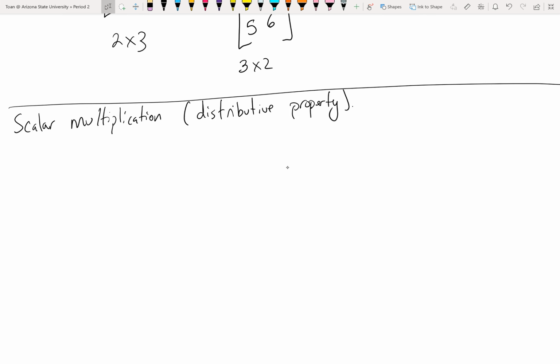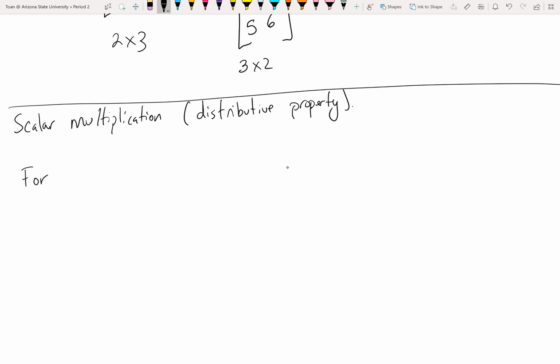The reason why they call it scalar multiplication is because the distributive property is multiplication. And then what you're doing is you're scaling the matrix. So if I multiply by 2, you doubled it, you scaled it by 2. If I multiply by 3, you tripled it. So, it just sounds nicer, scalar multiplication.